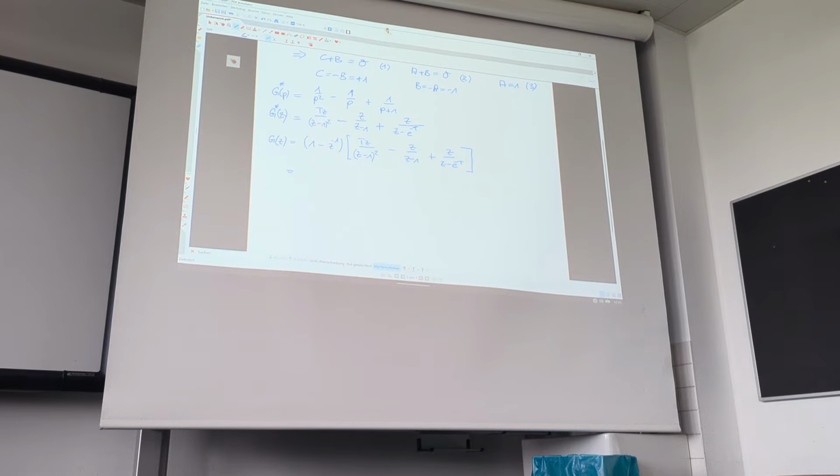Okay, now 1 minus Z to the power of minus 1 is actually the same as Z minus 1 over Z. So if Z to the power of minus 1 is 1 over Z, and we have the common denominator Z, then we can extend this to Z minus 1 over Z. And Z occurs here in every term, where we can cancel it, actually.